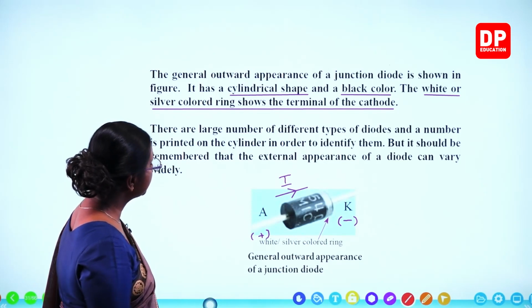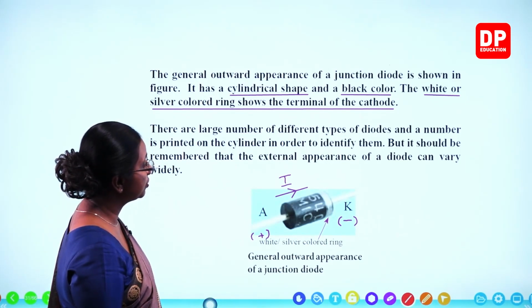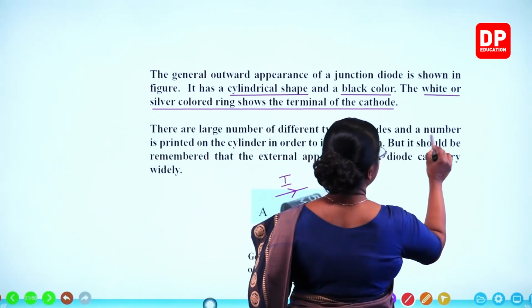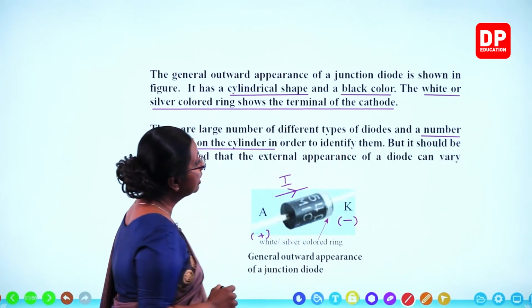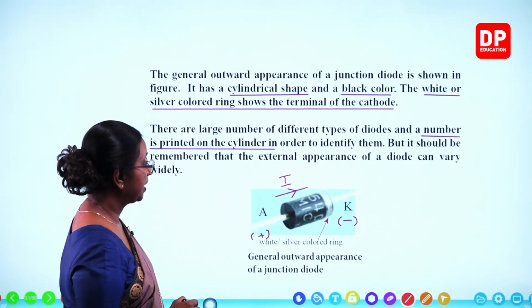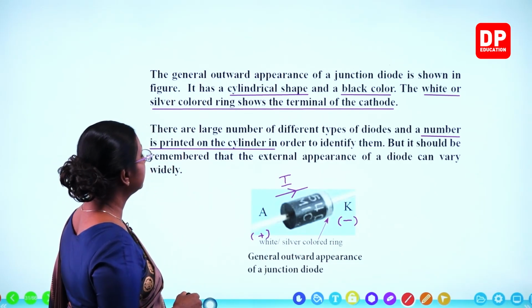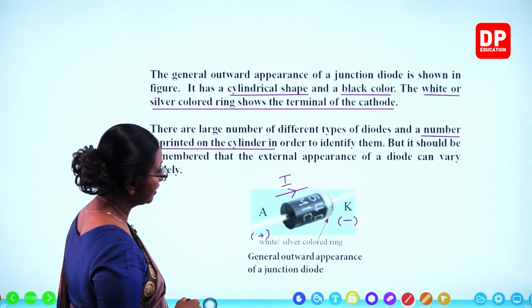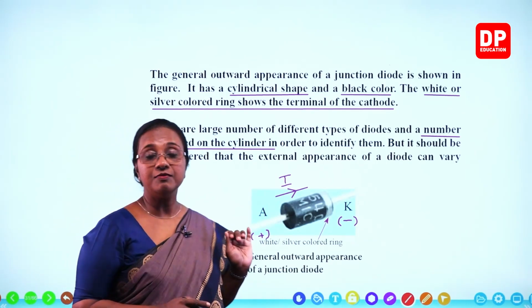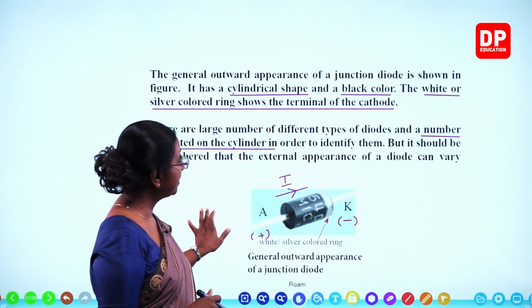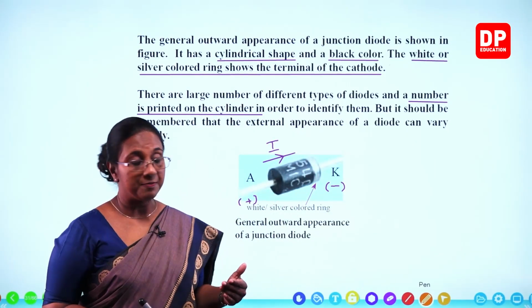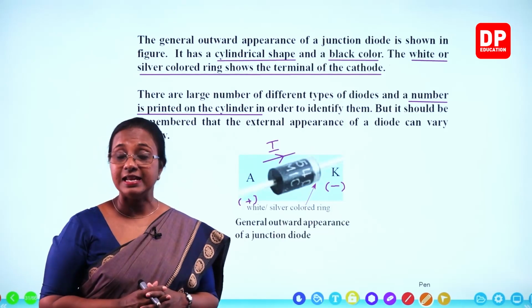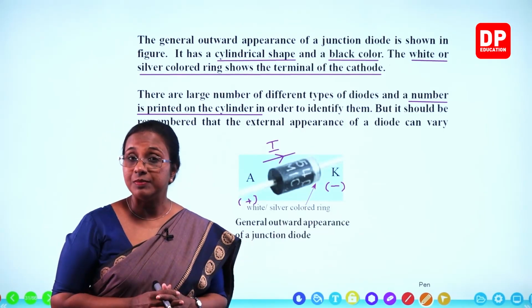There are a large number of different types of diodes and a number is printed on the cylinder in order to identify them. But it should be remembered that the external appearance of a diode can vary widely. So this is the appearance of a common diode that we use in the lab. But the appearance can vary. You all have to keep that in mind.